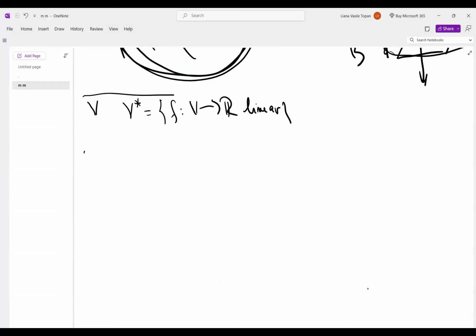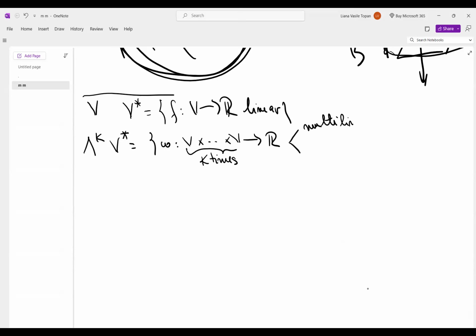And then we denote by lambda^k of V star the kth exterior power, and this means all the maps which are defined on V times V, k times, real valued, which are multilinear, so linear on every component, and such that omega of, so here, when you switch two consecutive vectors, this is minus omega of, so here you have v_{i+1} first, v_i, and then everything else.